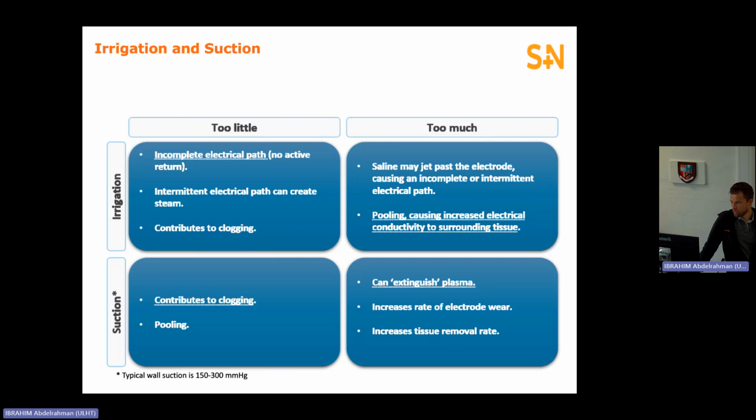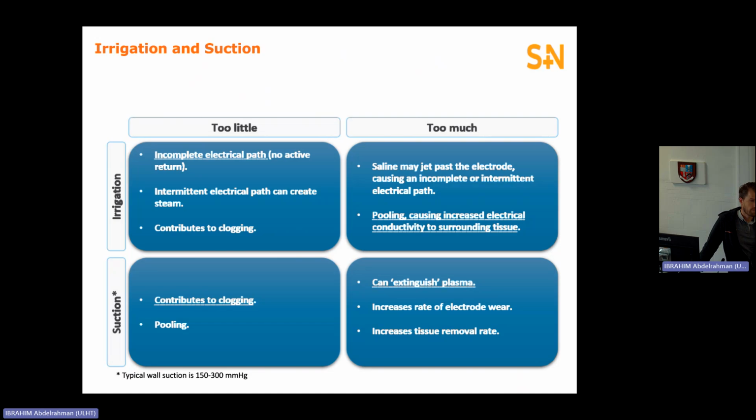Equally, if your suction is too little, it can contribute to clogging. But if your suction is too high, and you see them sometimes in the NHS, but in the private hospitals as well, the Neptune Striker devices and suction machines, if your suction is too powerful, it can essentially suck in the irrigation too quickly, suck in the plasma too quickly, and it'll be ineffective.